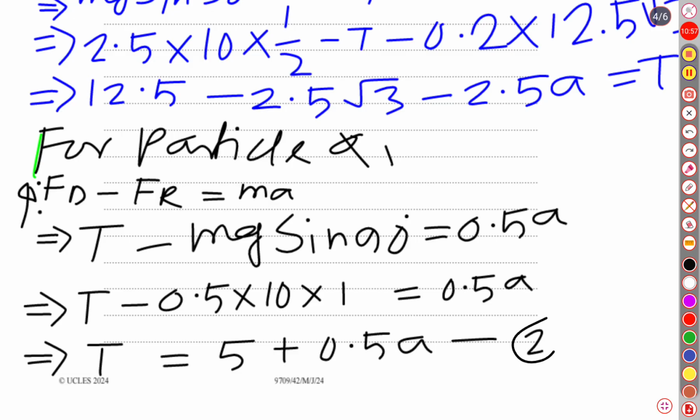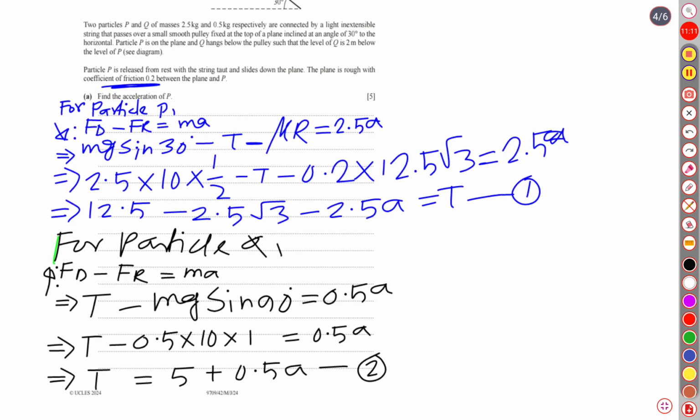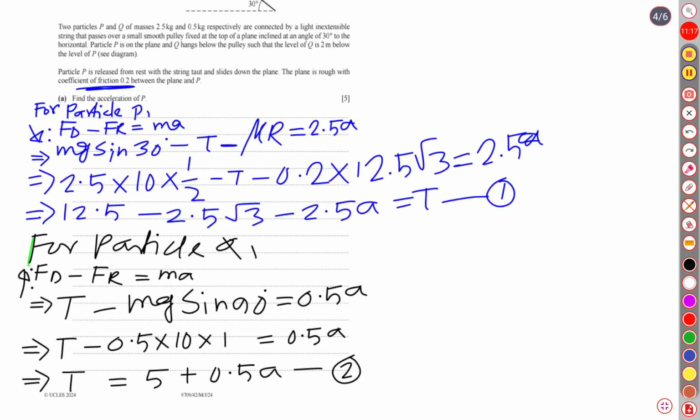Now we will solve them simultaneously. What are our equations? This is our first equation, whereas that is the second equation.